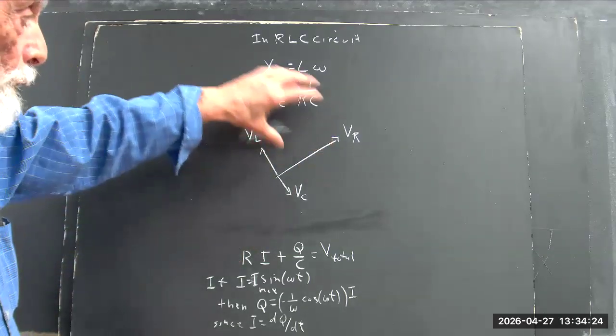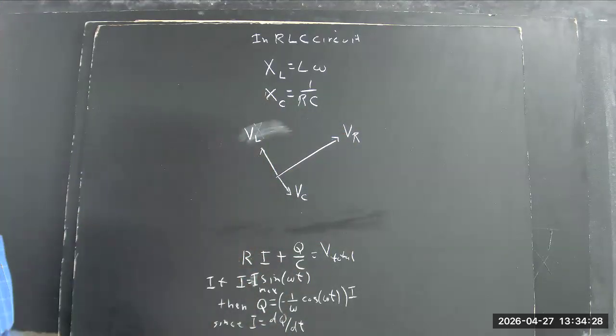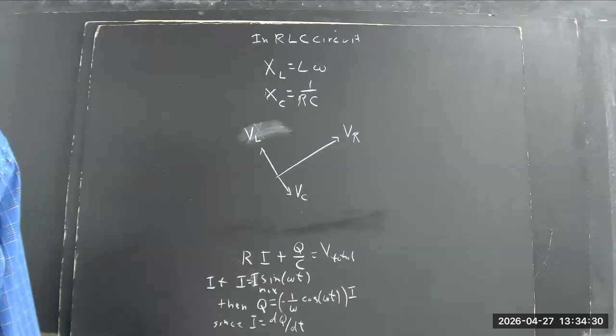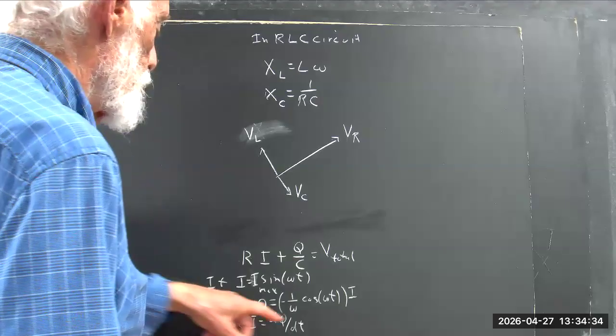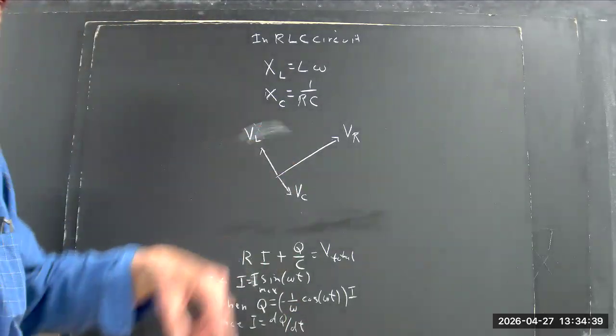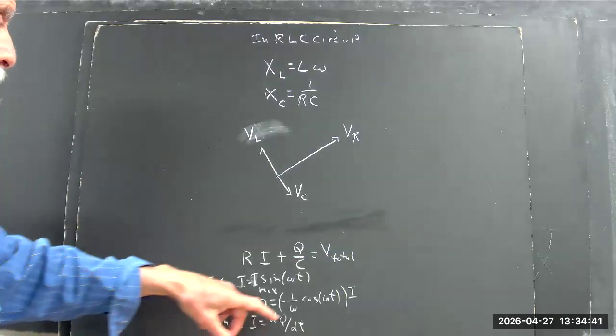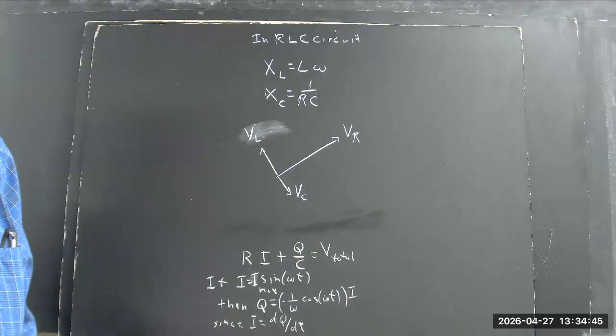I'm not going to draw the whole picture and all the projections and everything, but this follows immediately, okay? Voltage across the capacitor lags the voltage across the resistor because negative cosine lags the sine by 90 degrees.